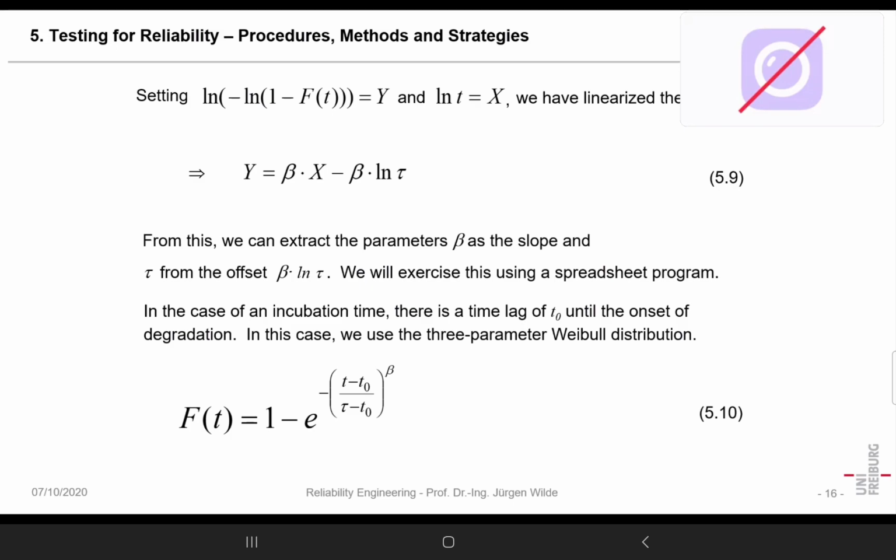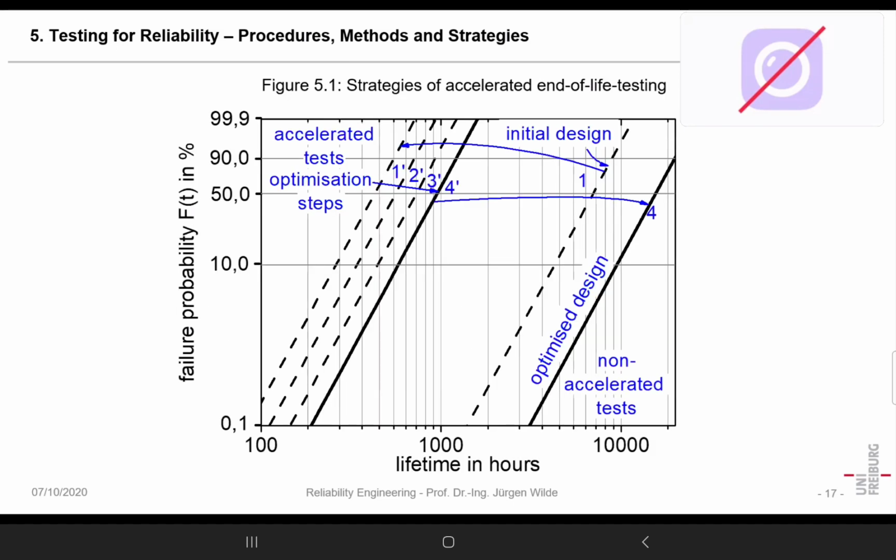Okay, that's a 3-parameter Weibull distribution. So if you do such linearization, of course, you can also give the probabilities here. You see it's non-linear. Somewhere here is 63%. And in that way, then it should be a linear behavior. Here that shows us how we can make also a strategy in accelerated testing.